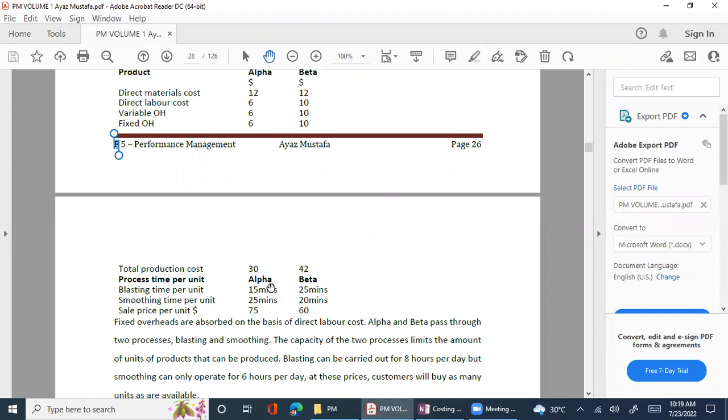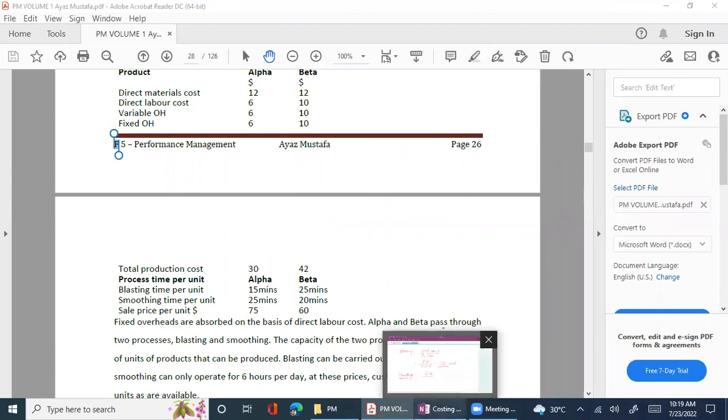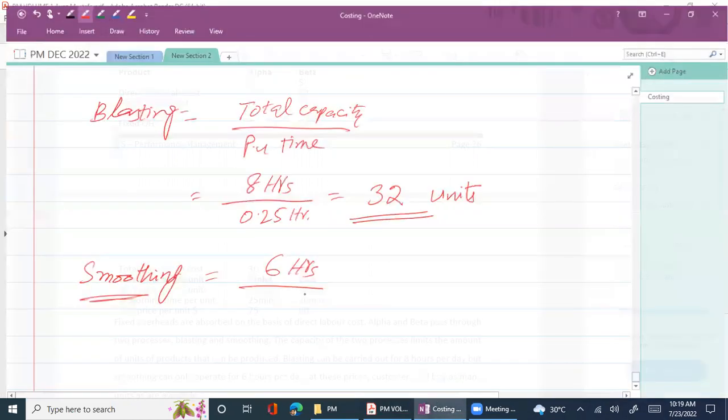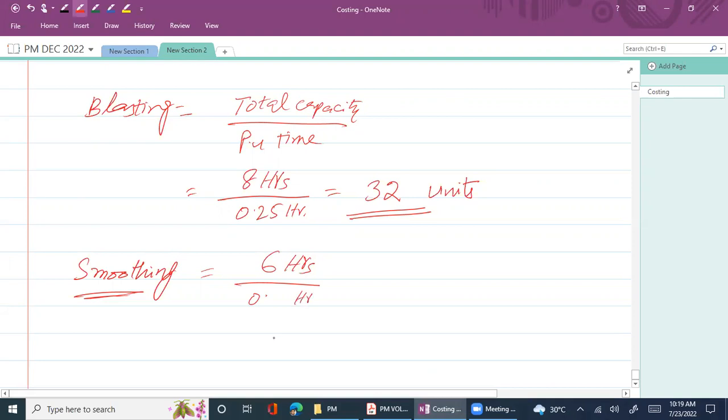So what will be in hours? 25 divided by 60. So what will be the time in hours? 25 over 60. 0.4? Or something else? 0.4. 25 is okay, 0.4.